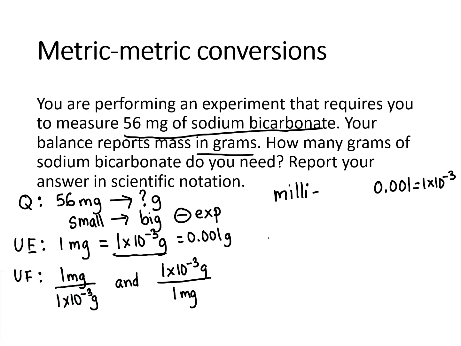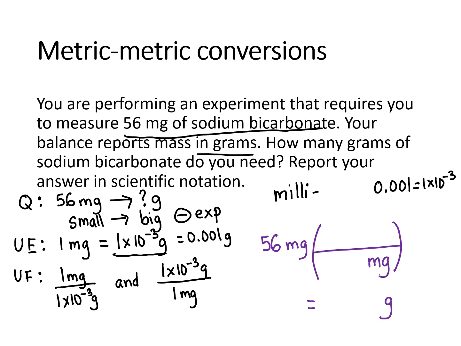I'm going to write out the actual equation that we're going to use in a different color. So we're starting out with milligrams, and we want to end up with some number of grams at the end of the day. For this math to work out, I need to cancel out the milligrams. Milligrams right now is on top.